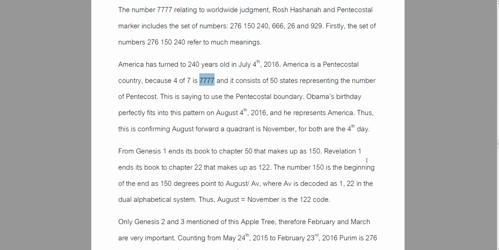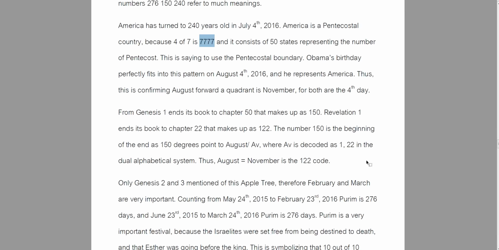From Genesis 1, so in another perspective of seeing the number 150, which is representing the beginning of the end, Genesis ends its book on chapter 50.